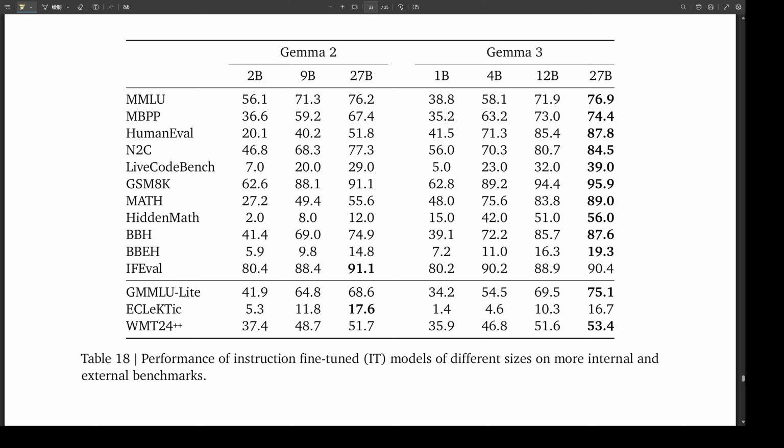And then you can't forget the performance itself. It's competitive across a whole range of benchmarks. And all of this is done with a really strong emphasis on safety and responsible development, including that notably lower memorization rate we talked about. Right. And what about the bigger picture? How do these advancements impact the field of open language model research as a whole? Well, I think Gemma 3 is a really strong example of what's possible.